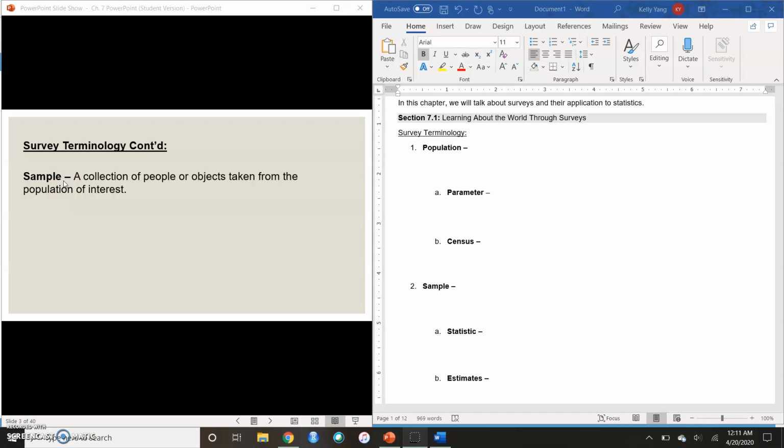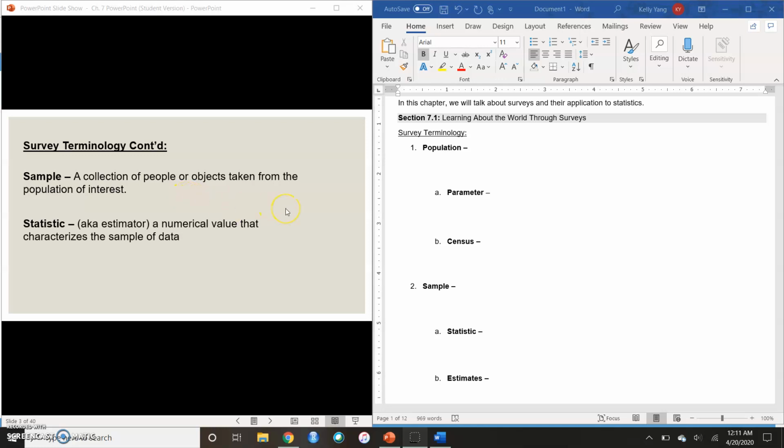So if our population was the whole United States, then Ohio would be considered a sample. If my population was all of the Math 1150 students at BGSU, then my sample would be one Math 1150 class out of all of the Math 1150 classes at BGSU.